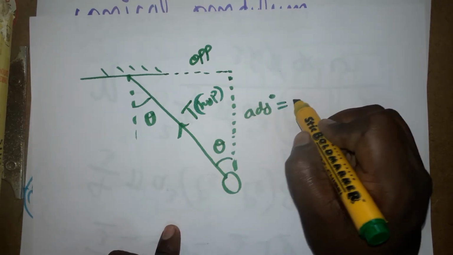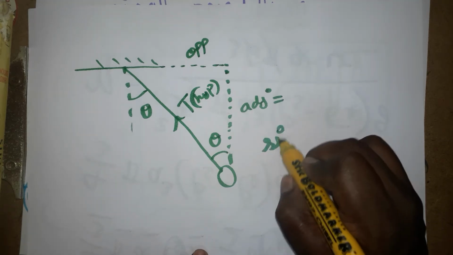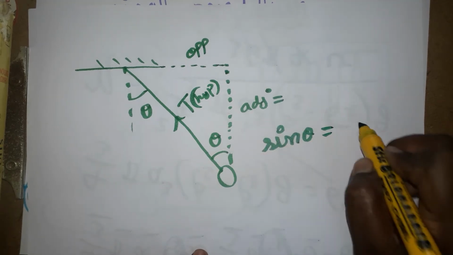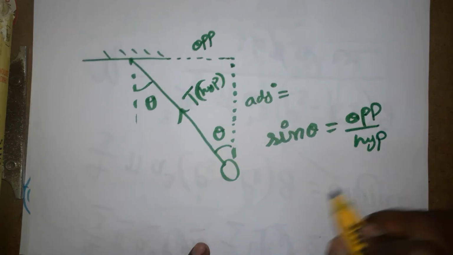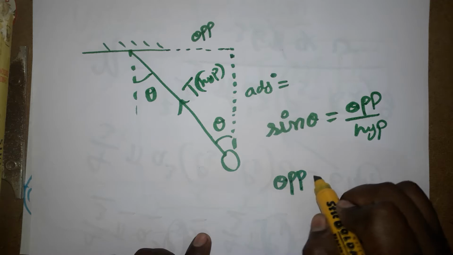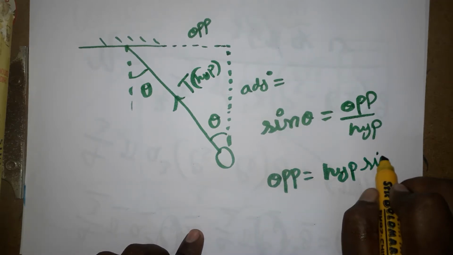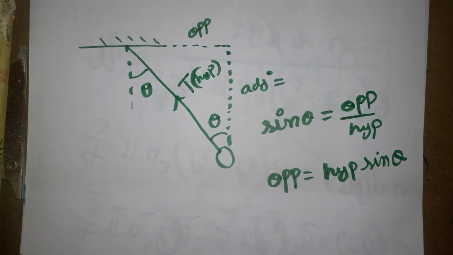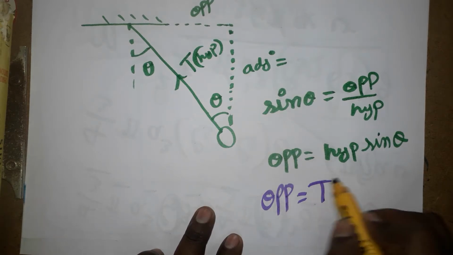Now we'll see what the opposite is. Sin theta is equal to opposite by hypotenuse, so opposite is equal to hypotenuse times sin theta. Here the hypotenuse is tension T, so the opposite is equal to tension times sin theta.